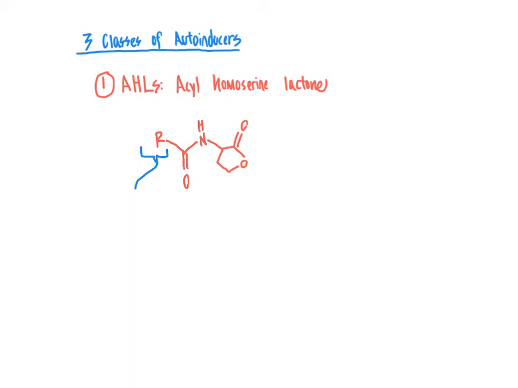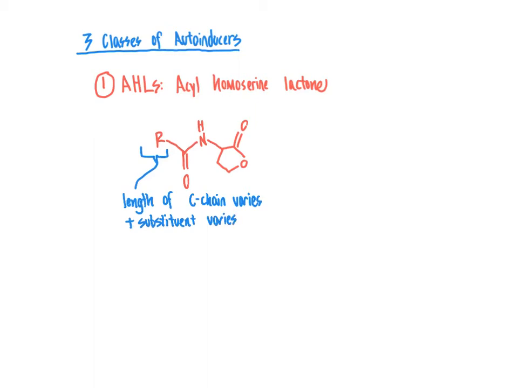In different species, what we generally see is that the length of this R group, which is primarily a carbon chain, varies by species, allowing individuals to recognize members of their own species from other species based on this different chain length, as well as the substituents on it, which vary as well.